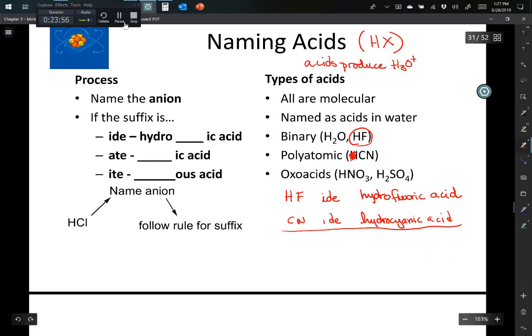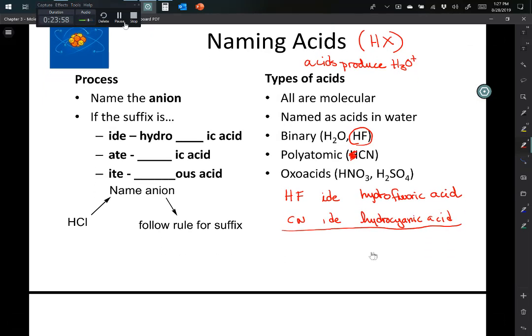Nasty stuff. Okay. The other type of ending that we have is ATE endings, sorry, ATE endings. So we did the IDEs. Let's talk a little bit about the ATEs. So if I say HNO3, the first thing you have to do with these oxo acids is get rid of the H and say, what does NO3 look like?